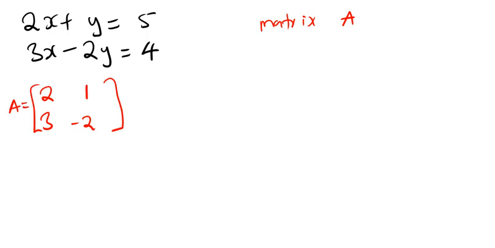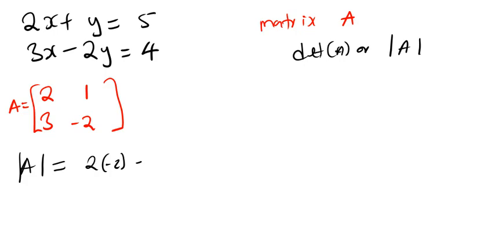If this is matrix A, the first thing we're supposed to do is find the determinant. The determinant is represented by det or the modulus of A. I'm going to use the modulus of A. We want to find the determinant, that is going to be 2 times negative 2 minus 1 times 3.